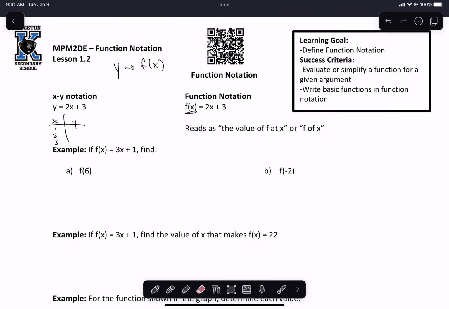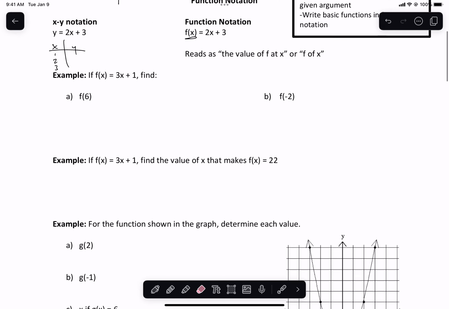What we like about this is it's a mini table of values, but I'm only getting the values that I'm really interested in. I don't have to produce the whole 1, 2, 3, 4, 5, 6. In this first example, I just want the y value when x is equal to 6. That's what that reads. It gives you a function, the function from the first part.